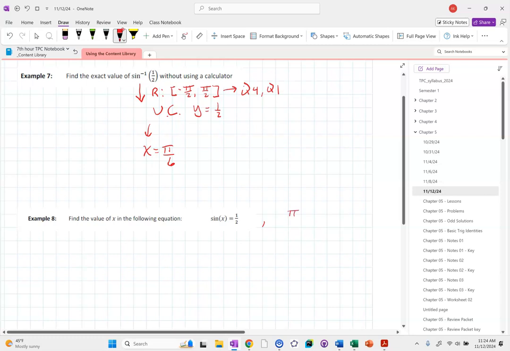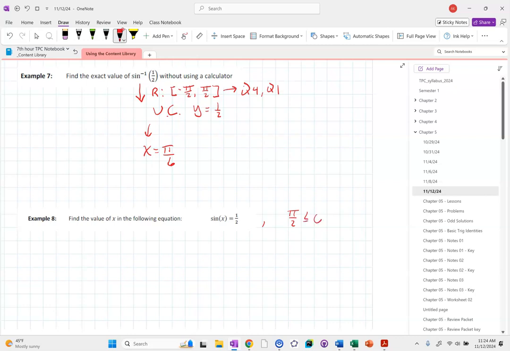Then we said, what if we give you an equation, like sine x equals 1/2, and we tell you we're looking for our solution on the interval from pi over 2 to 3 pi over 2. We use that interval to figure out that it's talking about quadrants 2 and 3.